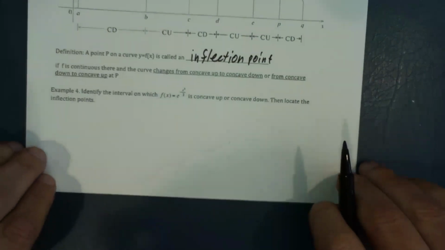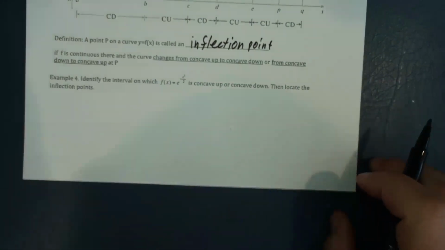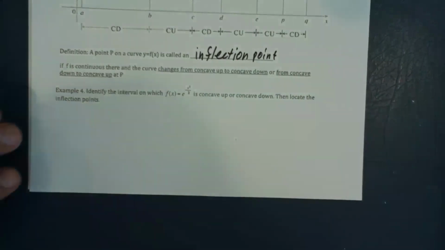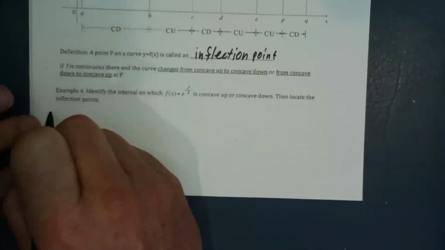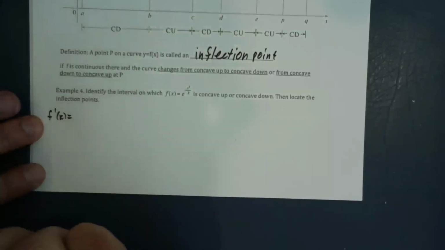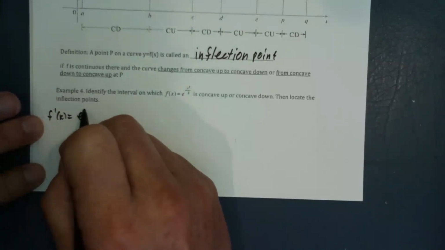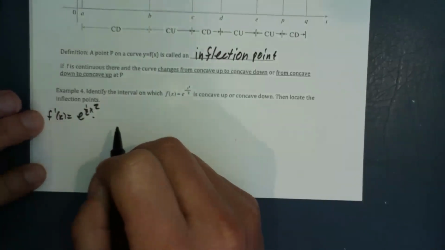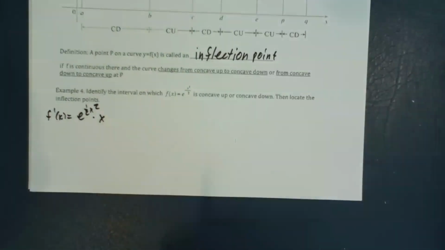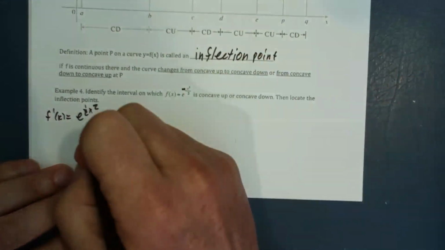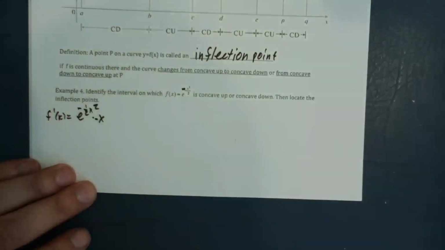And we are going to do example 4 here to identify the concave upward, concave downward. So I'm going to need my derivatives, two of them actually. f prime of x is e to the negative 1/2 x squared times x. Actually, this is hard to see with this function. That's a negative, so that's a negative x actually.